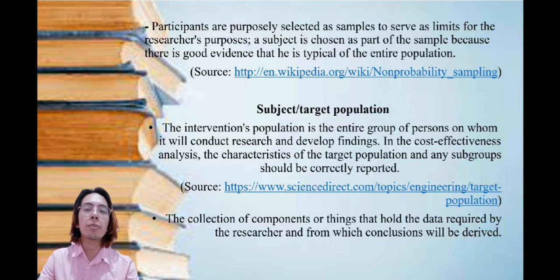The target population. The intervention population is the entire group of persons on whom the research will be conducted and for whom findings and cost-effectiveness analysis will be developed. The characteristics of the target population and its subgroups should be correctly reported.